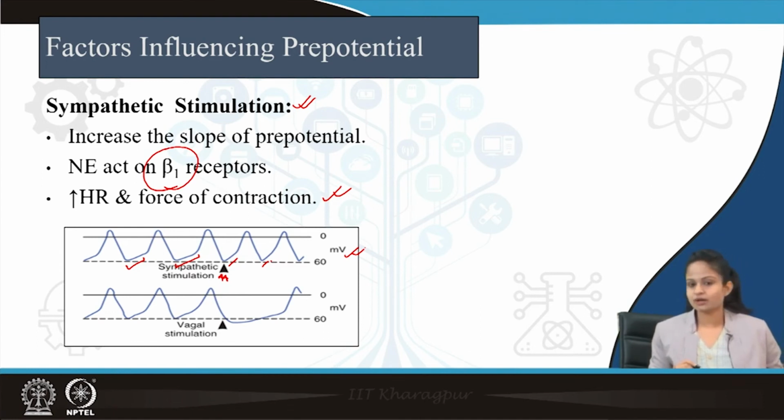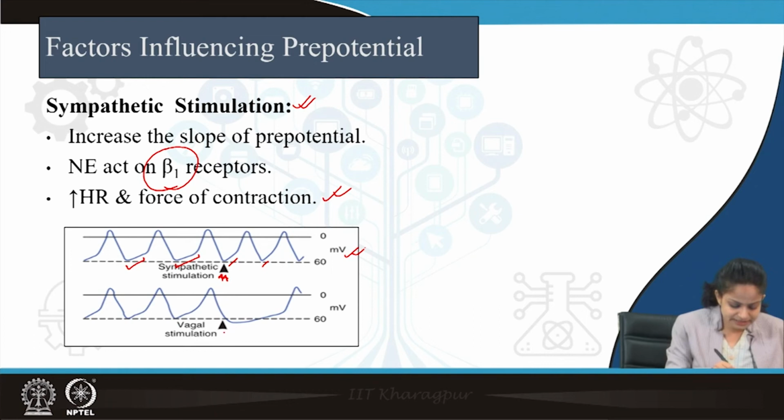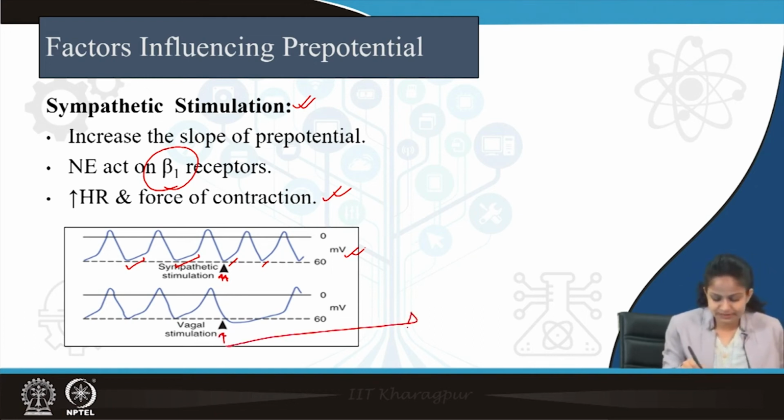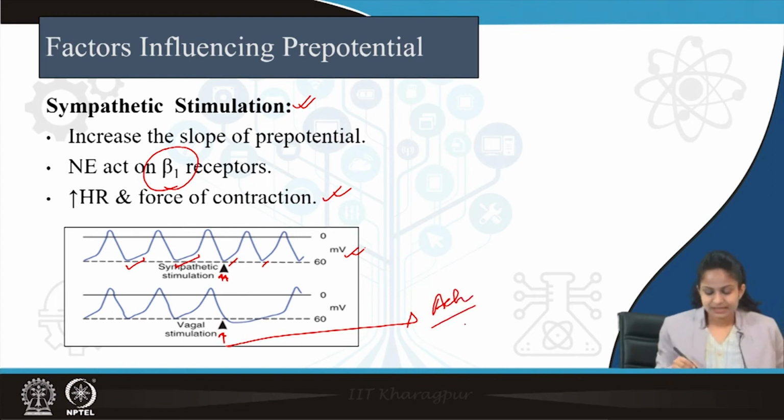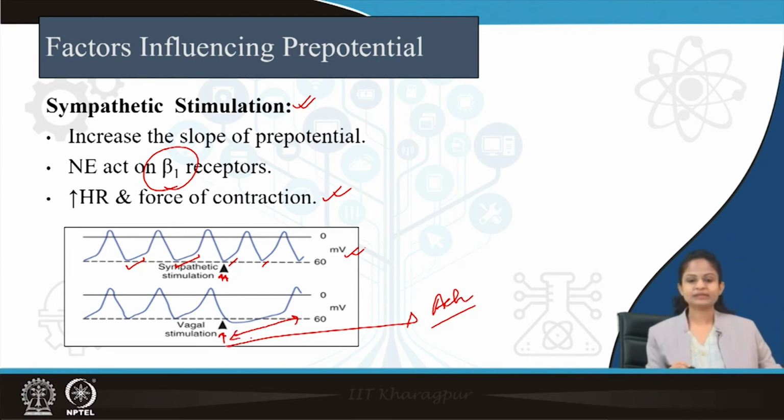The opposite occurs whenever there is parasympathetic stimulation. That means there is stimulation of the M2 receptors. At that time, vagal stimulation or parasympathetic stimulation, vagal stimulation here meaning acetylcholine, causes a decrease in the pre-potential slope.